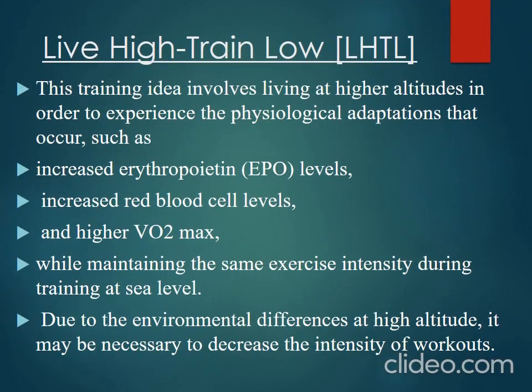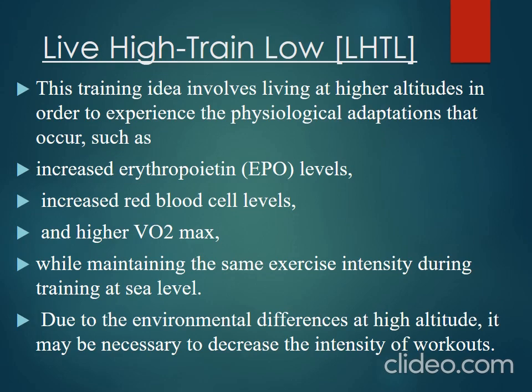The first one is the live high, train low method. It involves living at higher altitudes in order to experience physiological adaptations such as increased erythropoietin (EPO) levels, increased red blood cell levels, and higher VO2 max, while maintaining the same exercise intensity during training at sea level.